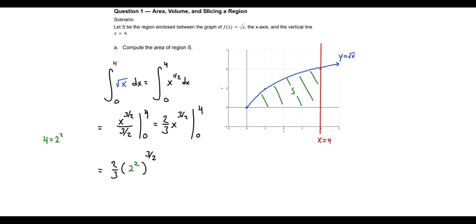And the reason why this is helpful is because when you have an exponent raised to another exponent with parentheses like this, you multiply the exponents together. So you're going to get 2 times 3/2. That means this 2 will cancel with that 2. You'll just be left with 2 to the power of 3 here. 2 to the power of 3, of course, is 8. And then finally, we get to do 8 times 2/3, which gives us 16/3. And that's the answer. That is the area of this region right here.